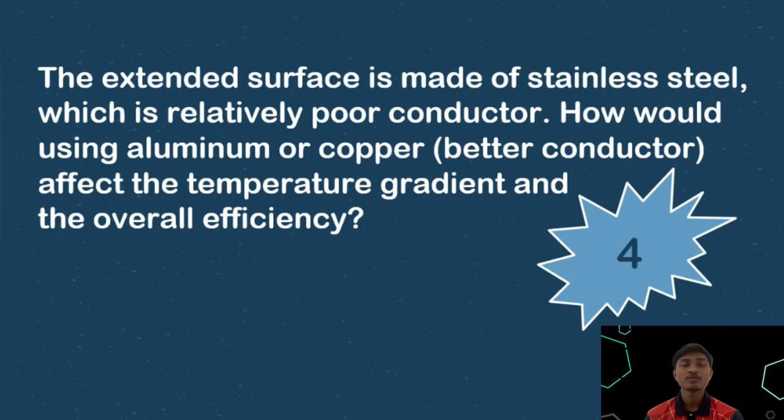For discussion number 4, the question is, the external surface is made of stainless steel, which is a relatively poor conductor. How would using aluminium or copper, a better conductor, affect the temperature gradient and the overall efficiency?